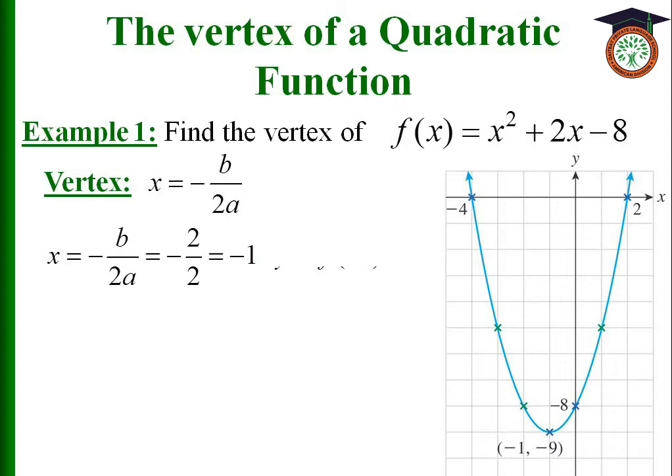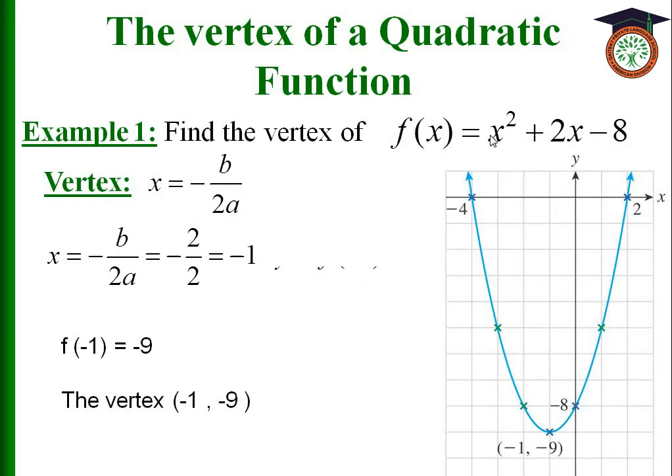What about y? To find the value of y of the vertex, take the value of x, which is negative 1, and substitute it in our function. Instead of x, put its value, negative 1, to get the value of f of x, or the value of y.